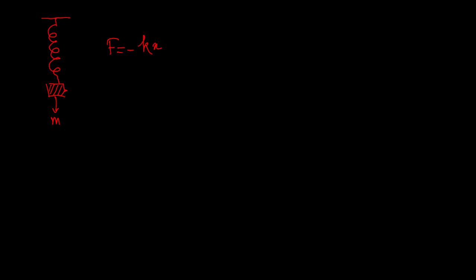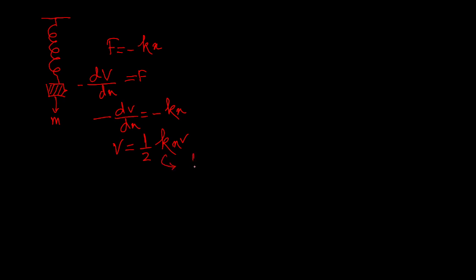Now, this is an expression of force with respect to potential. So the potential in a harmonic oscillator can be written as V = half k x squared, where k is known as the force constant.